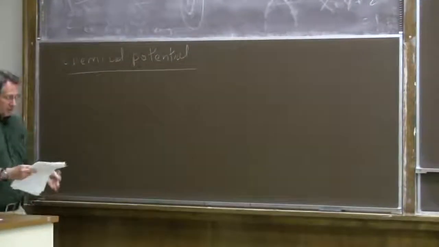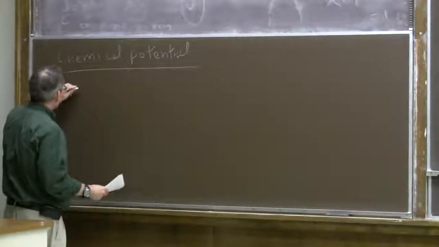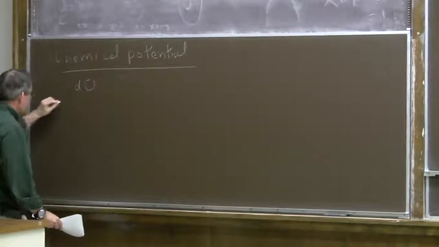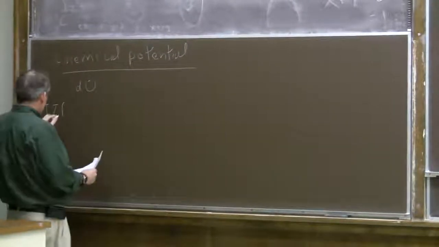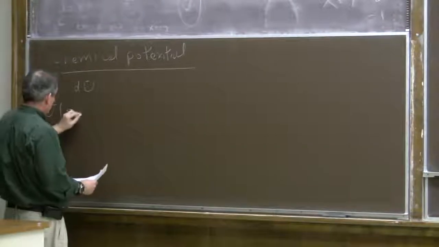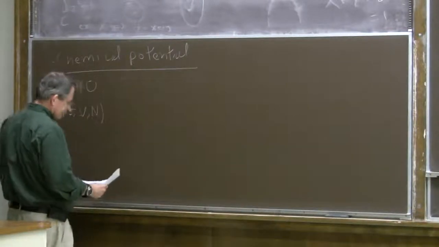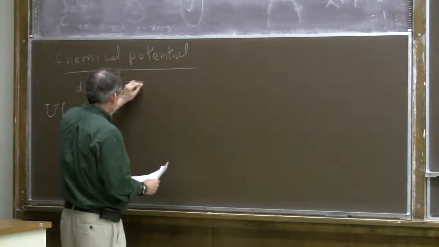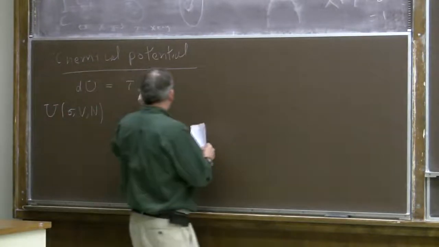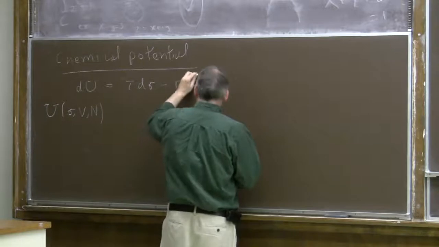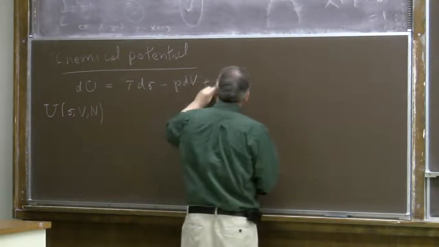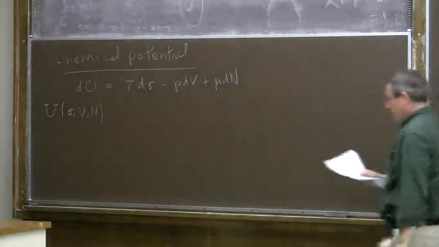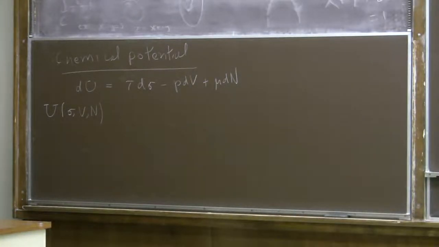And in particular, we saw we can generalize the thermodynamic identity if we, for example, consider the internal energy to be a function of entropy and volume and particle number. And I can write dU is tau dσ minus p dV, what we had before, plus the term involving flow of particles, μ dN.